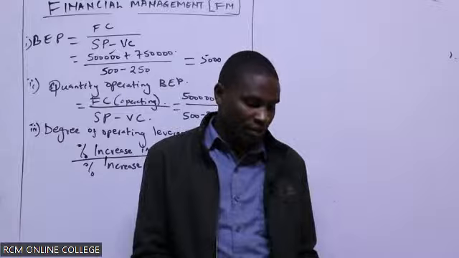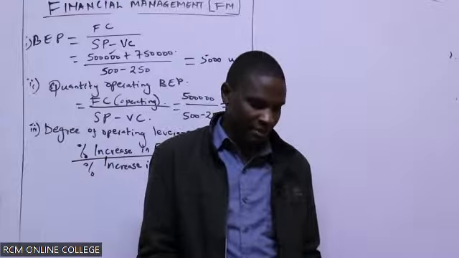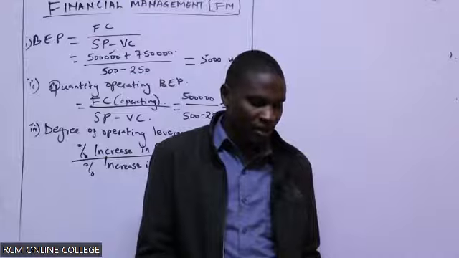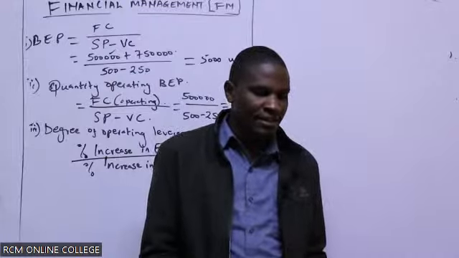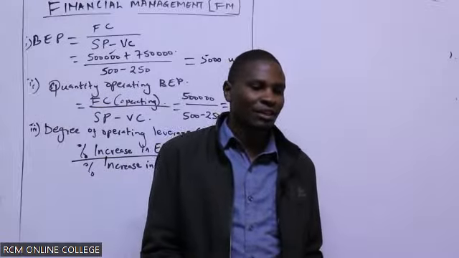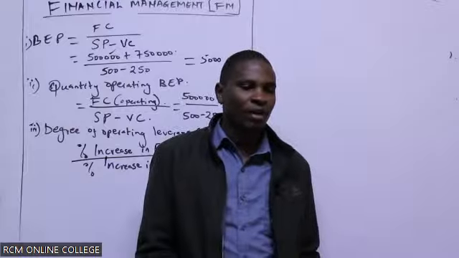If I look at this, I have further analysis of the firm which reveals that if the firm's sales increase by 10%, the percentage change in operating income over the percentage change in sales.